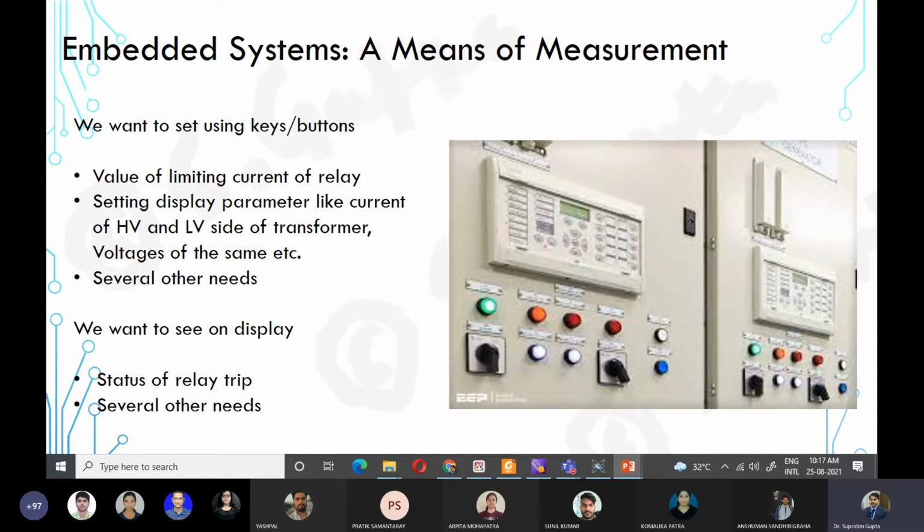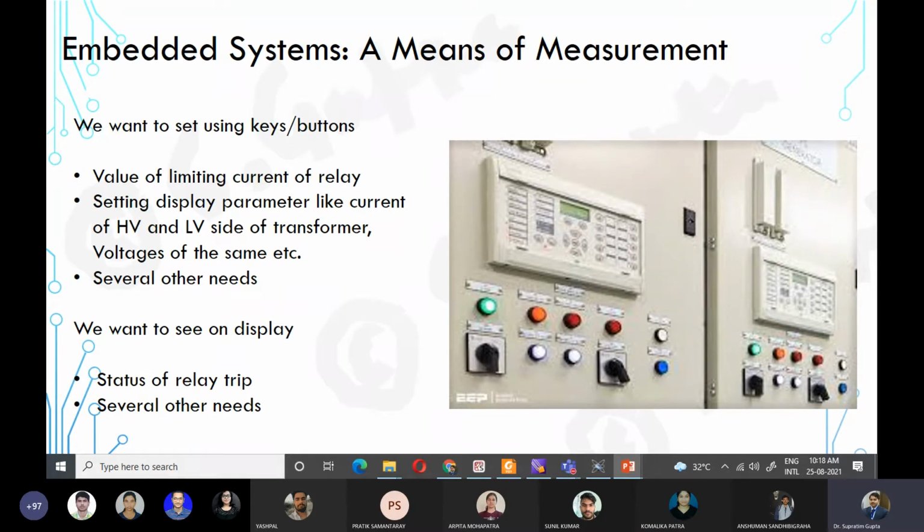So we can set it through the keys or buttons that we just saw, and then we can limit the values, say of current for a relay. Then we can set the display parameters, what we want to see, such as the high voltage side or low voltage side of the transformers, or several other needs.